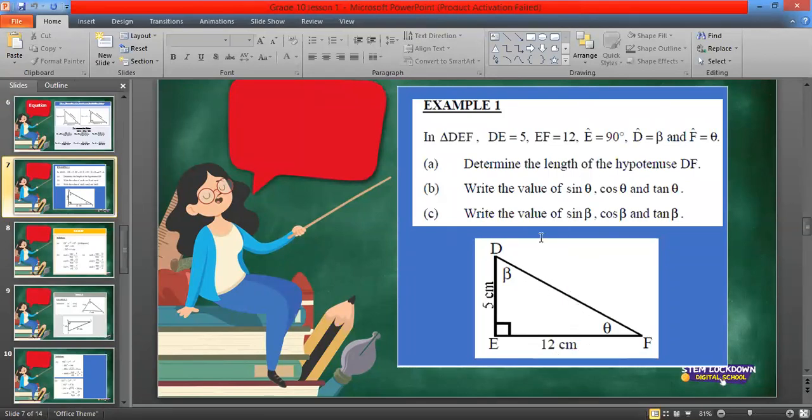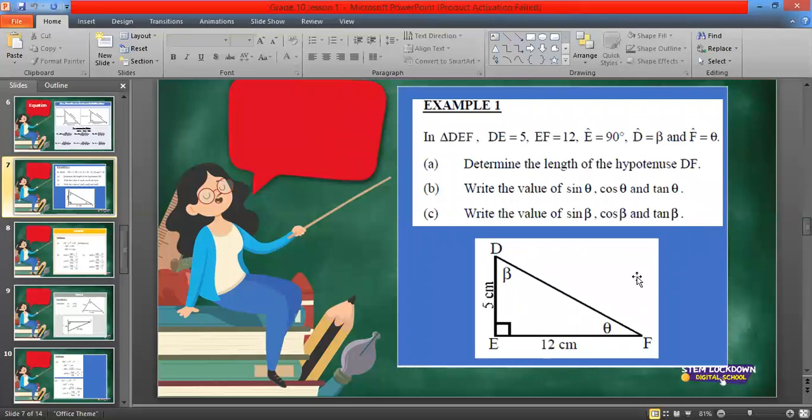So sine beta will be 12 over 13. And then cos beta: cos is adjacent over hypotenuse, so adjacent 5 over hypotenuse 13. Our cos beta will be 5 over 13. And lastly, tan beta.